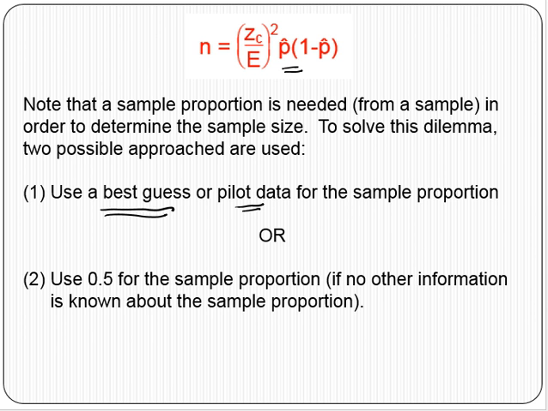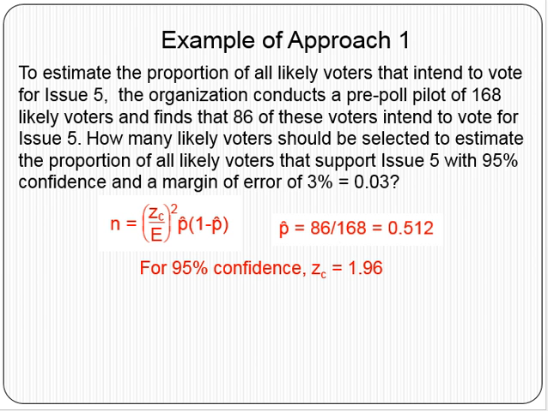So I'm going to do two examples of these calculations, and they're both similar to the last example. We're going to look at our proportion of likely voters that intend to vote for issue 5. To estimate that, the organization, if you look back at the original problem, conducts a pre-poll pilot.